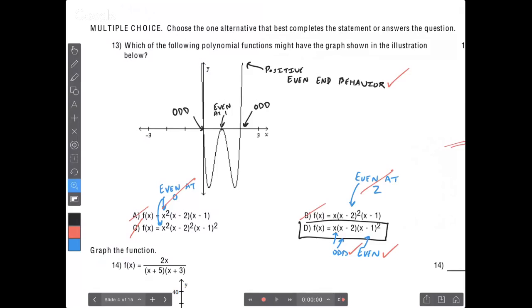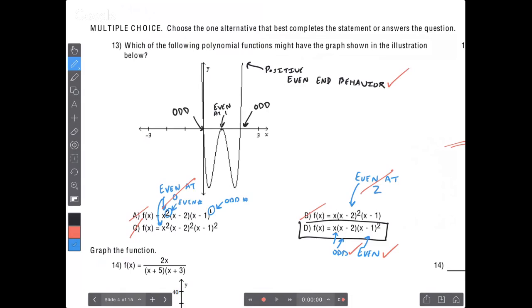I distinguish even and odd multiplicity by saying that 2 is an even number. Whereas, notice that this one is a 1, and a 1 is an odd number.